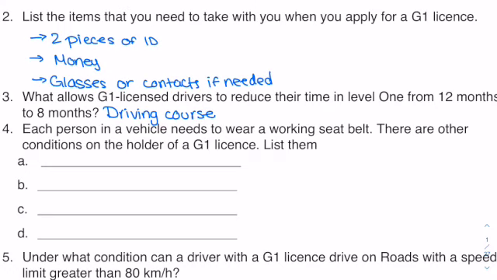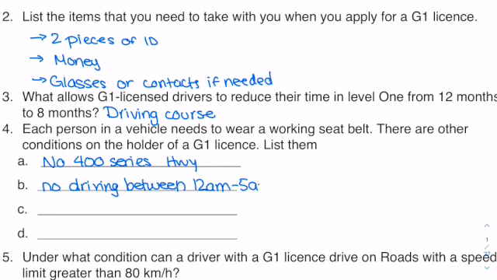Number 4, each person in a vehicle needs to wear a working seatbelt. There are other conditions on the holder of a G1 license. List them. So the first one is no 400 series highways, no driving between 12 a.m. and 5 a.m., and your accompanying driver has to have a blood alcohol level of lower than 0.5.